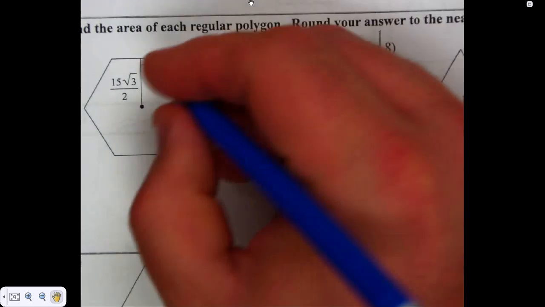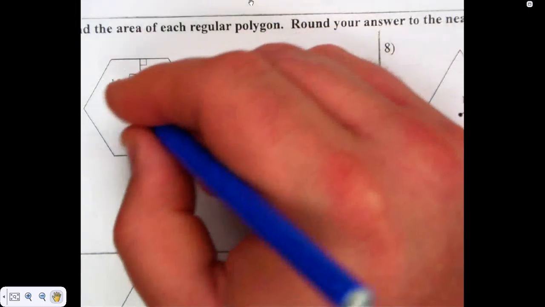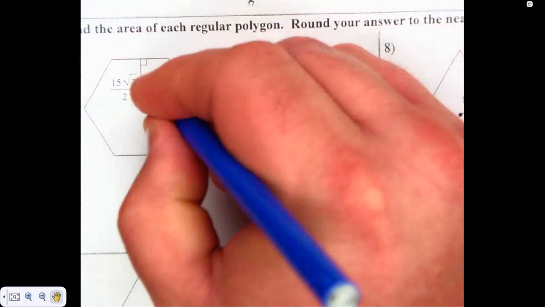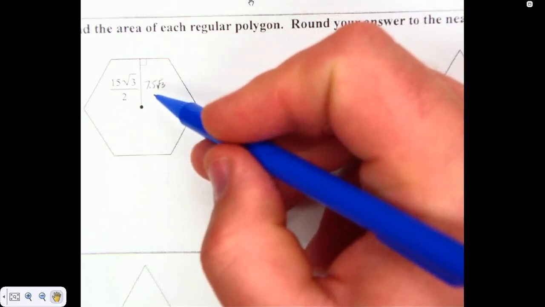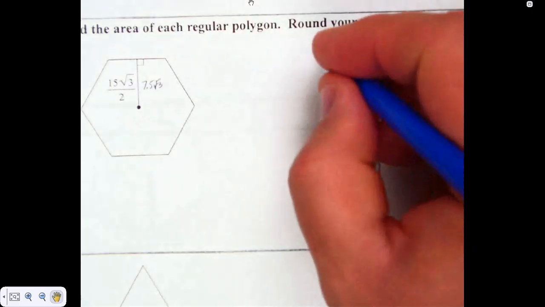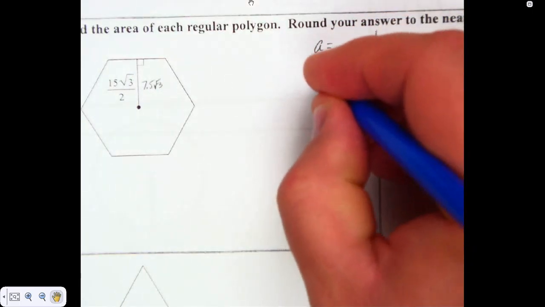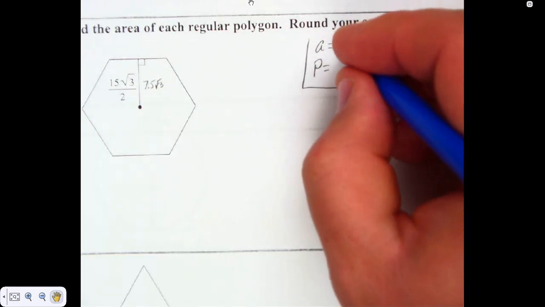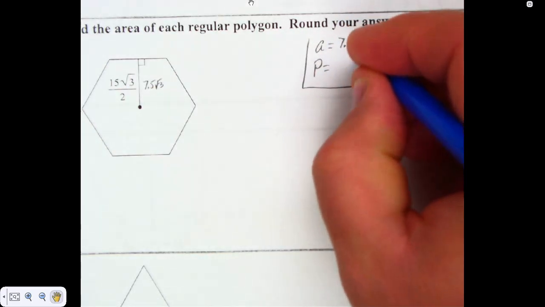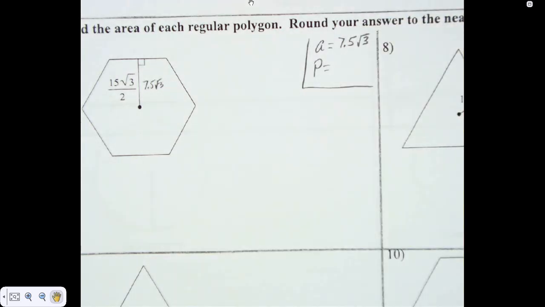So I could really think of my apothem, instead of 15 square root of 3 over 2, as 7.5 square root of 3, because I didn't round or anything. Would you agree with that? So when I say what my apothem is and what my perimeter is, instead of writing that more complicated number, I just write it as 7.5 square root of 3. Sound okay?